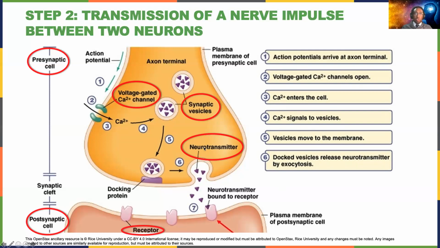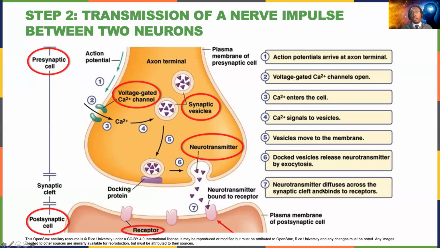And that way, neurotransmitters can be signaled to be released into the synaptic cleft and bind with proteins, with receptors on the postsynaptic neuron.